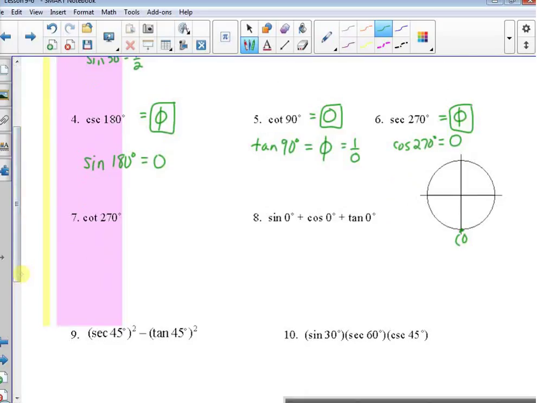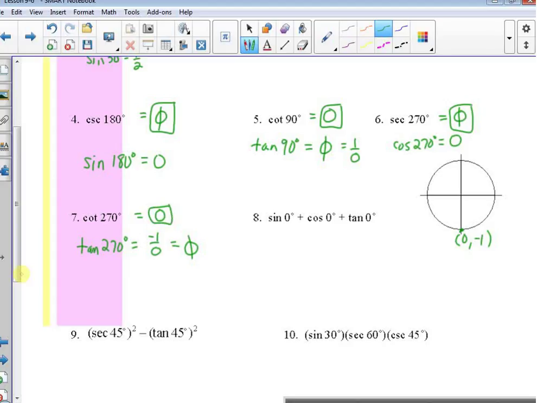The cotan of 270 relates to the tangent of 270. Well, the tangent of 270 would be the sine of 270 over the cosine of 270, which is negative 1 over 0. That's undefined. I want the reciprocal of that, so that's going to be 0. The reciprocal of undefined is 0.